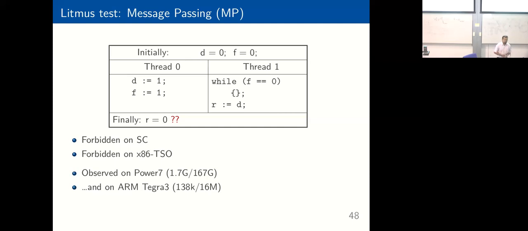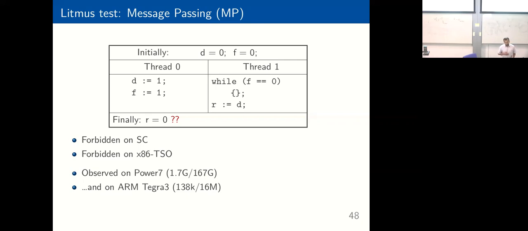And the reason this is called message passing is that this is meant to encapsulate a very common idiom, with thread 0 being a kind of writing thread. D is data, it's mangling about with a big data structure. Here it's just one location. In principle, it could be a big data structure in memory. It's doing stuff to it.